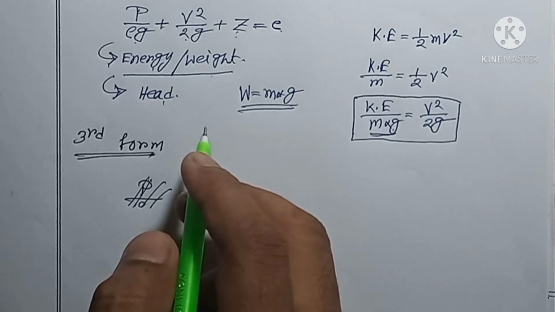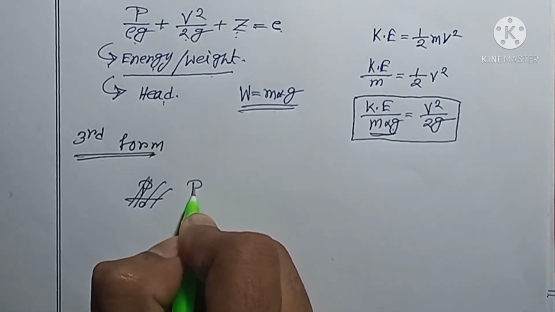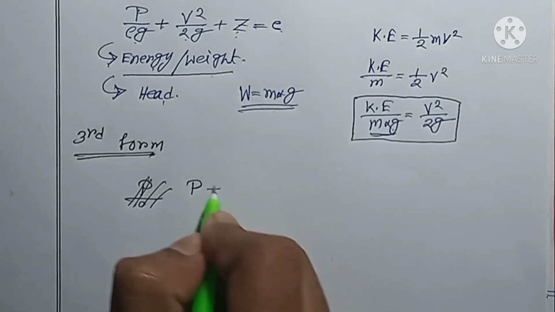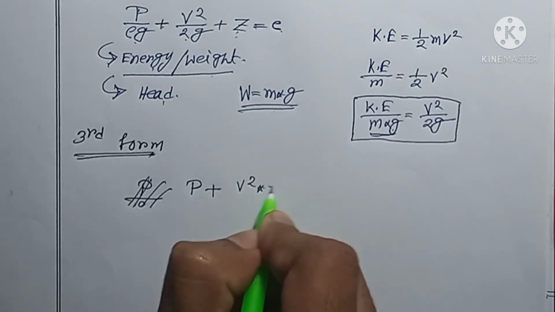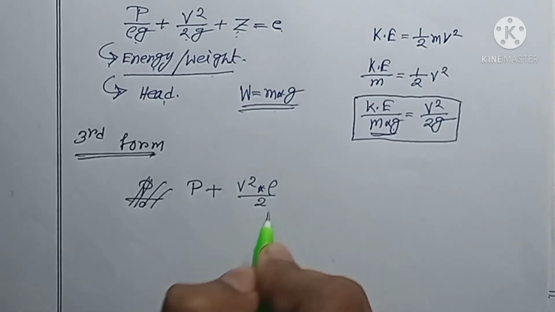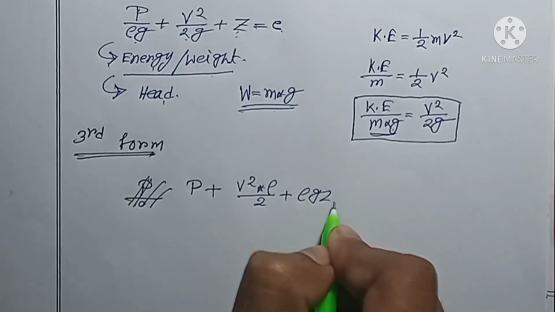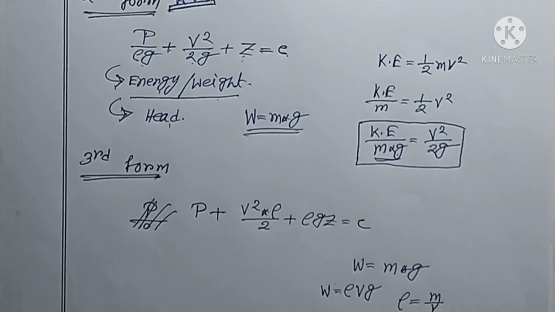If you multiply by rho, then this form will become p into rho by rho, so rho gets cancelled out, and only p plus v square into rho by 2 plus rho gz is equal to constant.